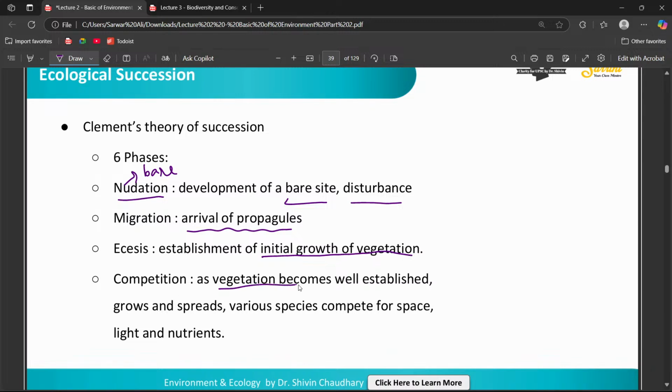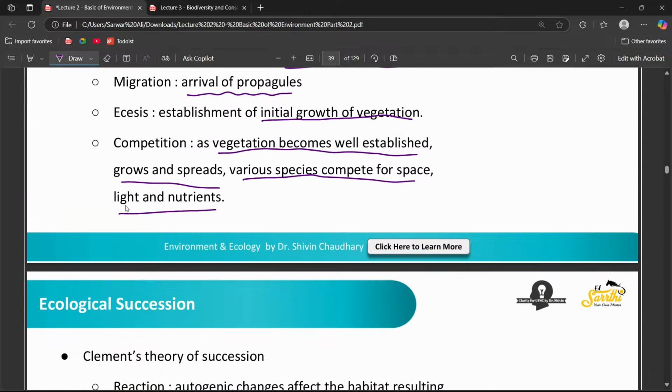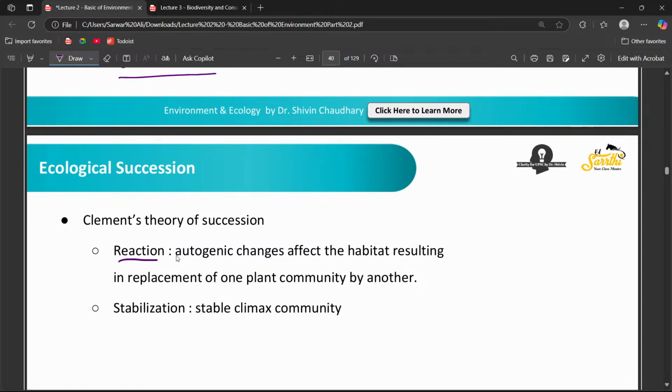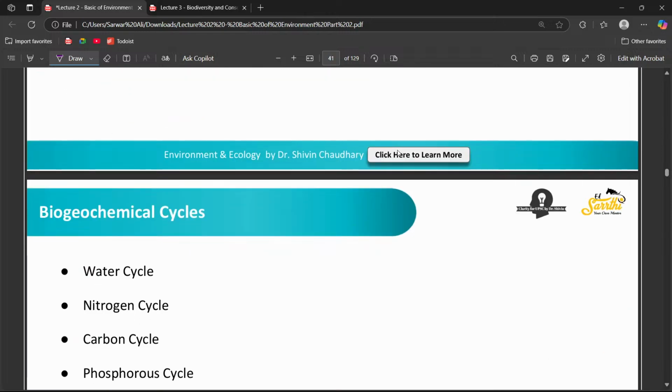Competition: vegetation becomes more established and grows and spreads. Various species compete for space, light and nutrients. Then there is reaction. Autogenic changes affect the habitat, resulting in replacement of one community by another. And there is stabilization.